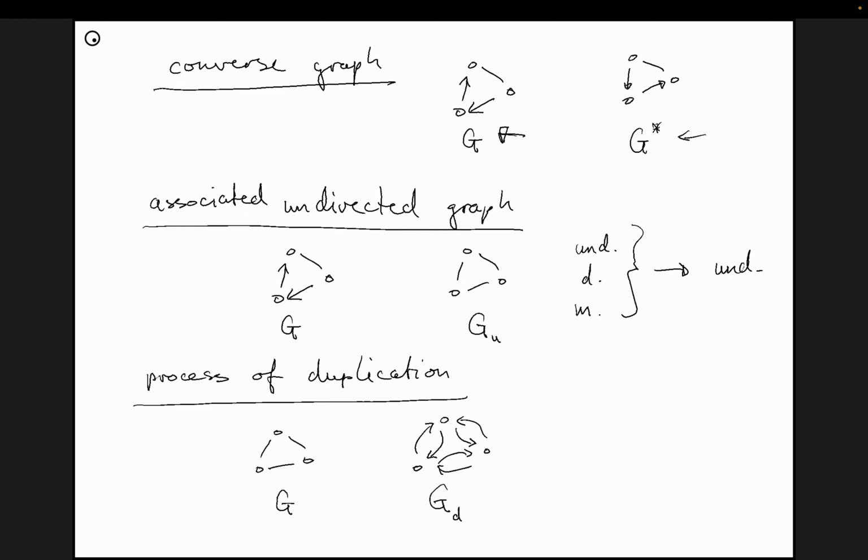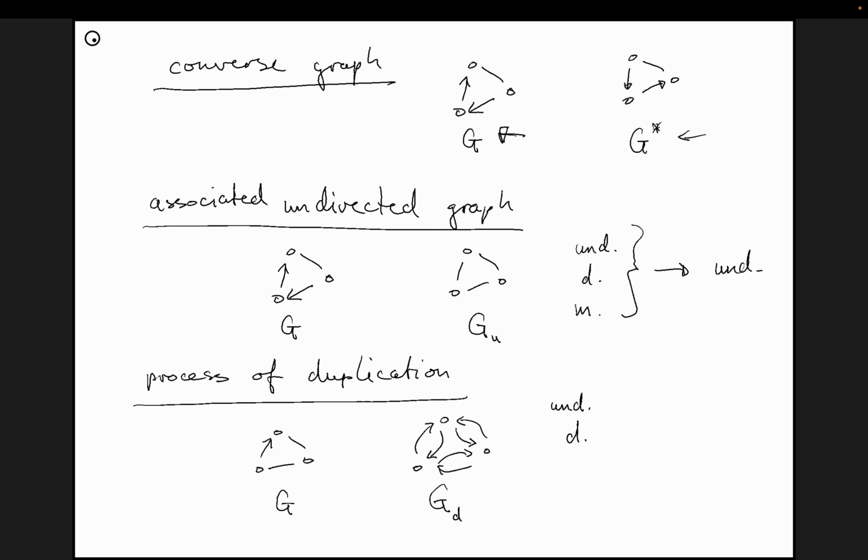And the process of duplication is, one could say, the other way around. We have undirected graphs. I'm not sure if we can have directed graphs and then duplicate them. Let's say if this right here was a directed edge. Yeah, I guess this could work.